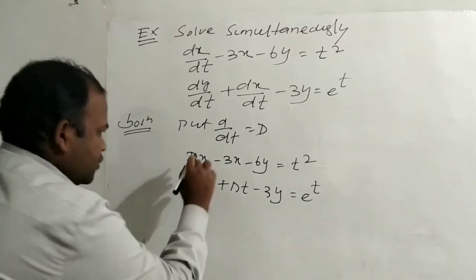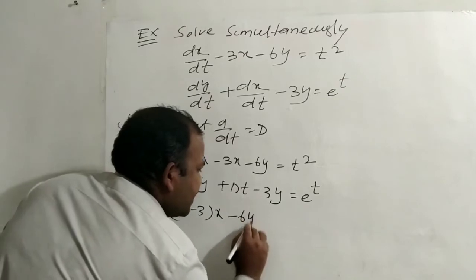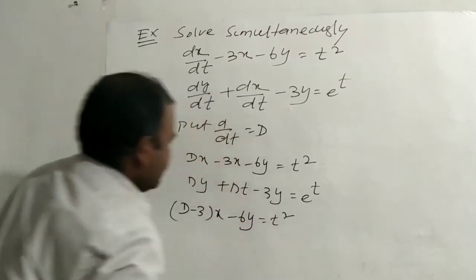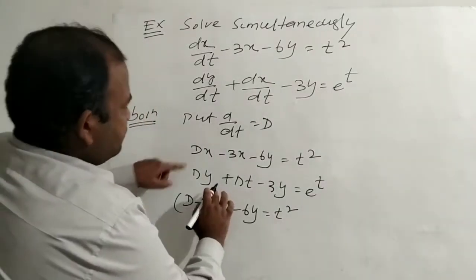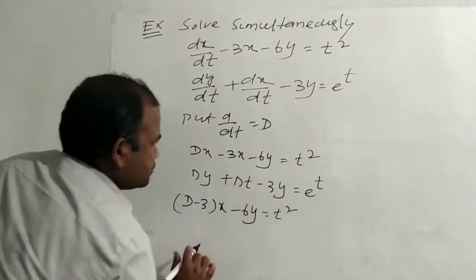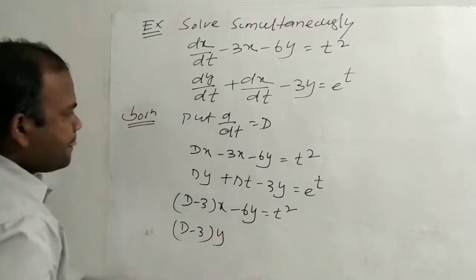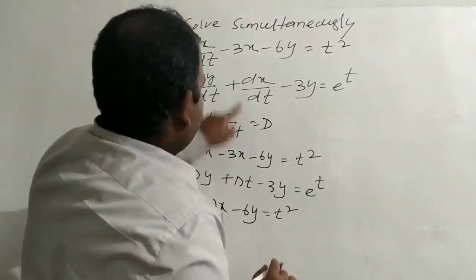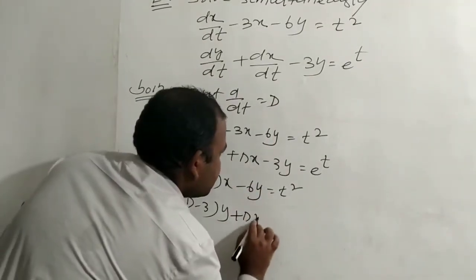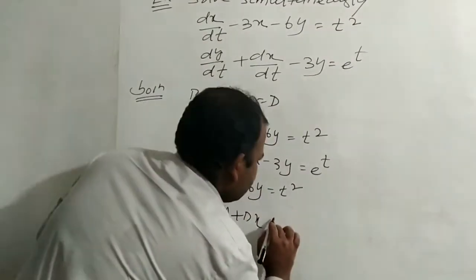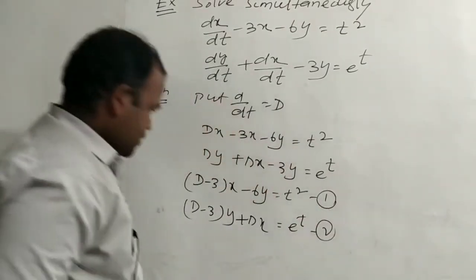So this is (D minus 3) into x minus 6y equals t square, and this is (D minus 3) into y plus Dx equals e raised to t. So this is equation number 1 and this is equation number 2.